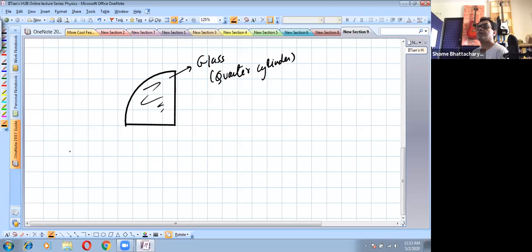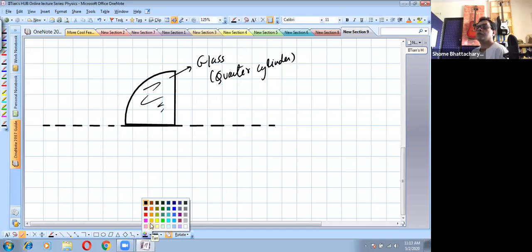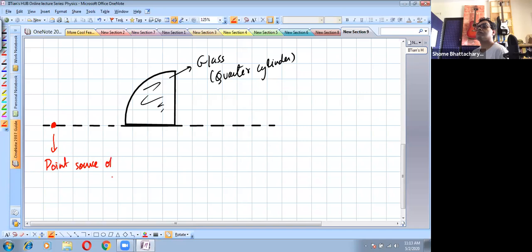You are looking at the cross section. We have a small point source of light, S. And what we want is that the paraxial rays here should emerge parallel to the principal axis. So after refraction, this is what should happen.